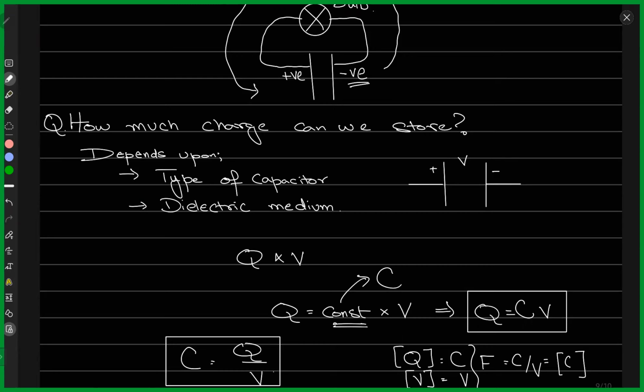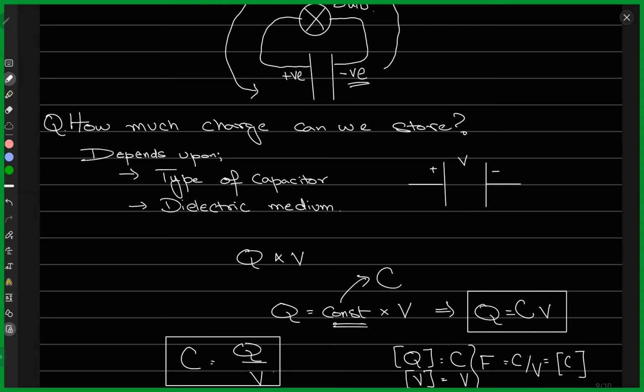That's what potential difference is, and if that difference is increased, the charge being stored is being affected, right? And that's what is causing this potential to change between the two plates. And that's why we see that the charge is directly proportional to the potential difference between these two plates.